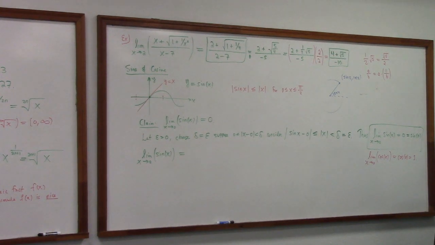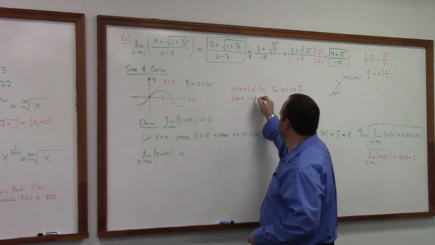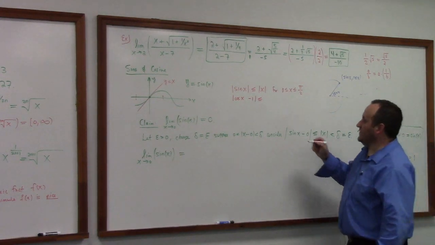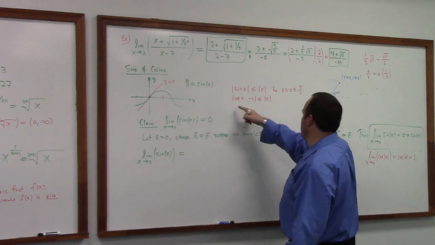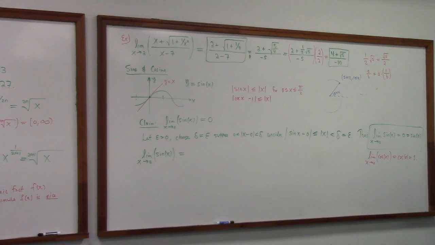I argue from the inequality: the absolute value of cosine of x minus 1 is less than or equal to the absolute value of x. So if you can prove these two things geometrically, then it's easy to establish that the limits of sine and cosine at 0 are what you think they should be.